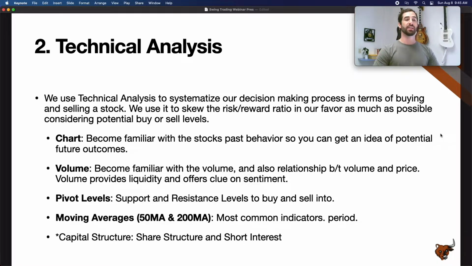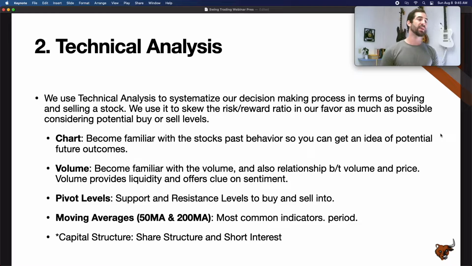Okay, so very easy. Take a look at the chart and become familiar with generally how the stock has traded or behaved in the past, so we can get a sense of what some potential scenarios are or how it could potentially behave going into the future.